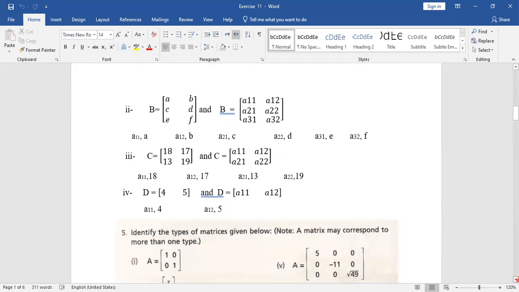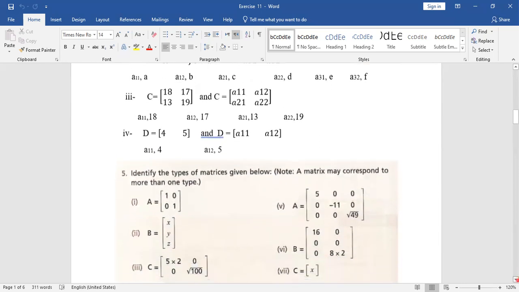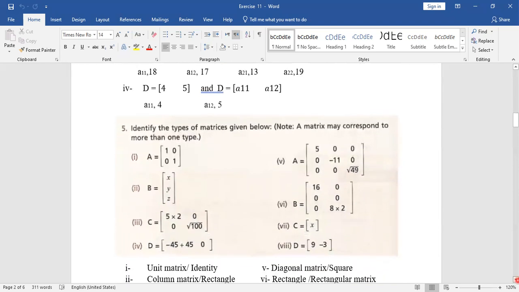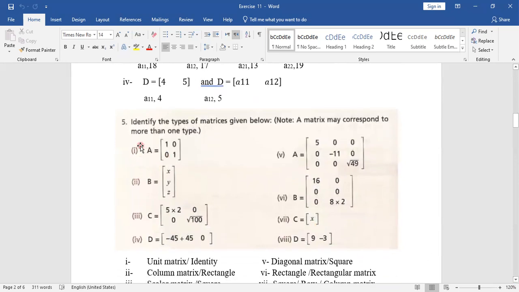Now question number 5. Identify the types of the matrices given below. Note, a matrix may correspond to more than one type. I have shown that there are different types of matrices. Basically, there are 4 types: row matrix, column matrix, square matrix, and rectangular matrix.